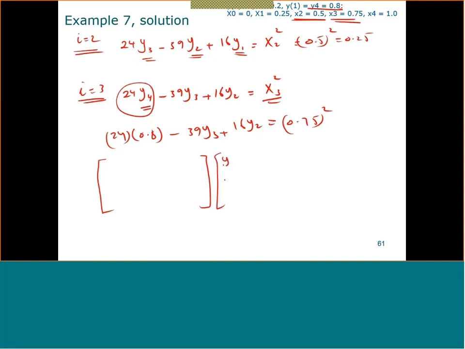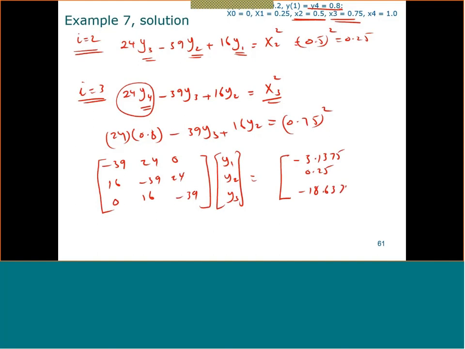Now we will have 3 linear equations in terms of y1, y2, and y3, which are our unknowns. So the matrix has rows minus 39, 24, 0; 16, minus 39, 24; 0, 16, minus 39, and this is equal to minus 3.1375, 0.25, and minus 18.6375.